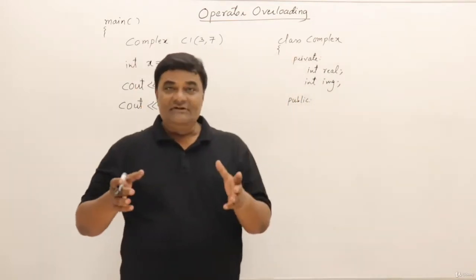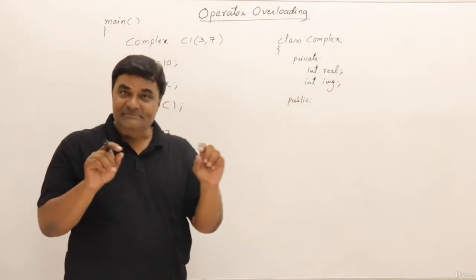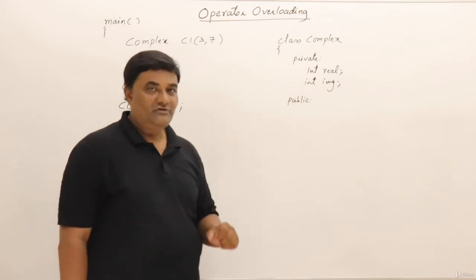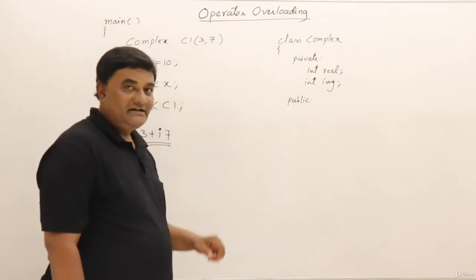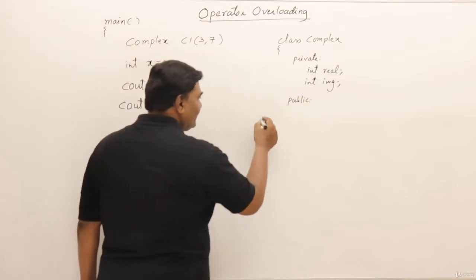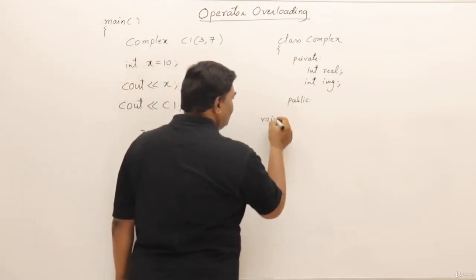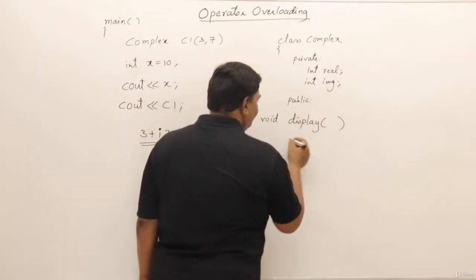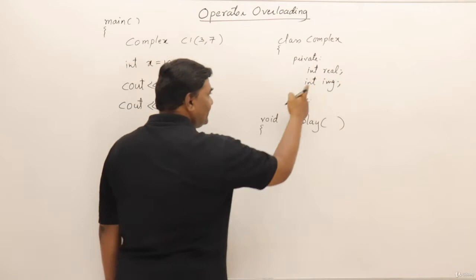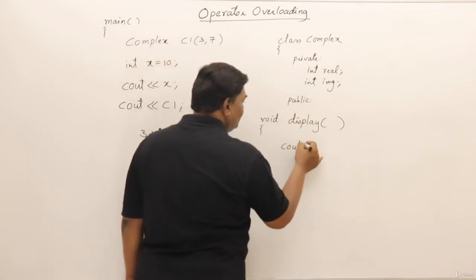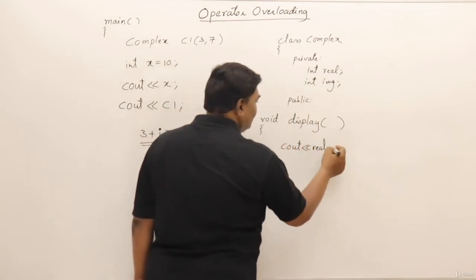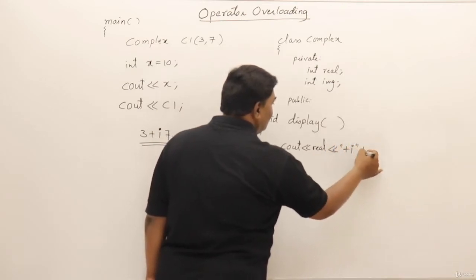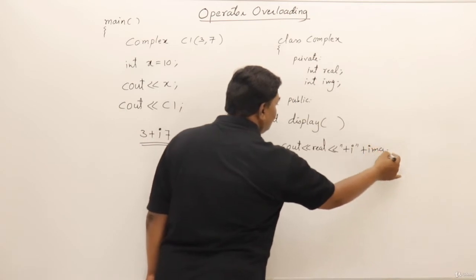Yes. Now let us write one function first for displaying this, then I will convert it into an operator. So here itself I will write the function, let us say void display. This function will display cout real and plus i and imaginary.